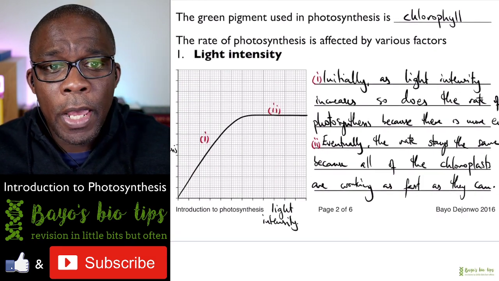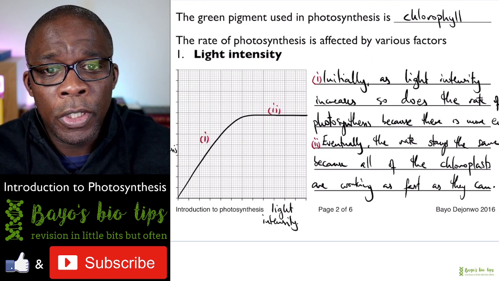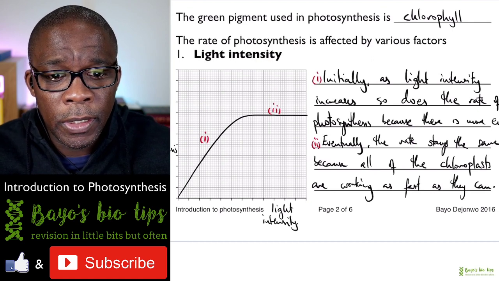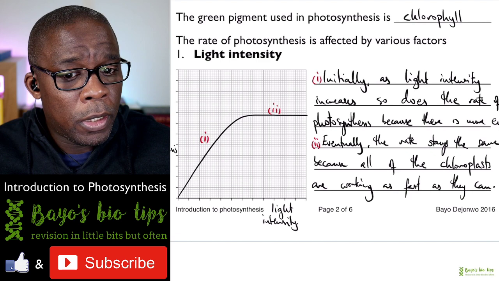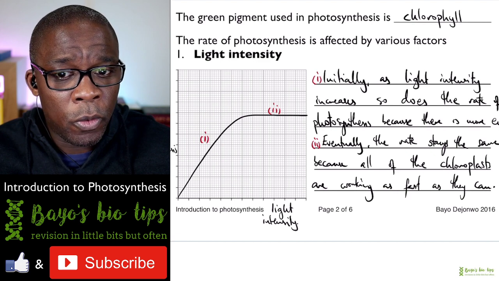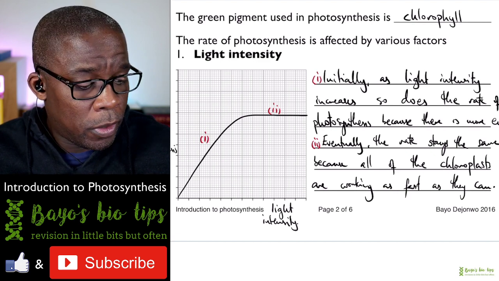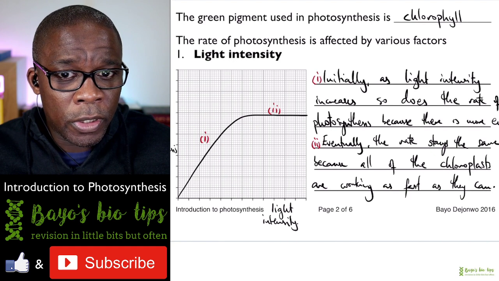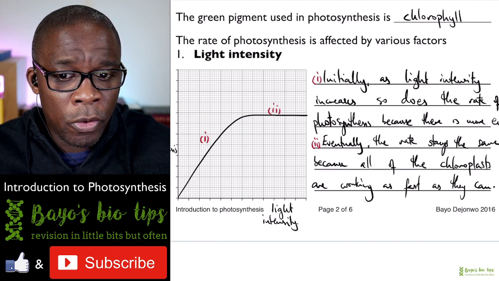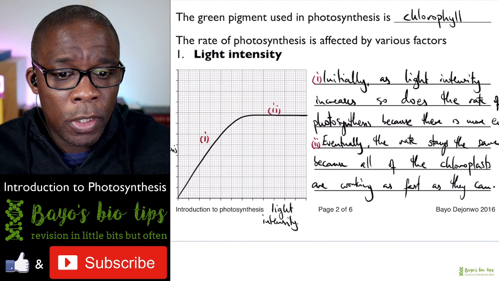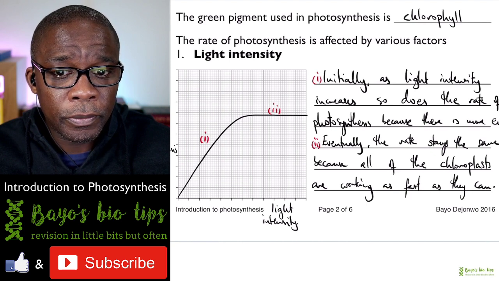Okay, so there you've got a graph that shows the relationship between light intensity and photosynthesis, or the rate of photosynthesis. So on the vertical axis, you've got the rate of photosynthesis, and on the horizontal axis, you've got the light intensity.